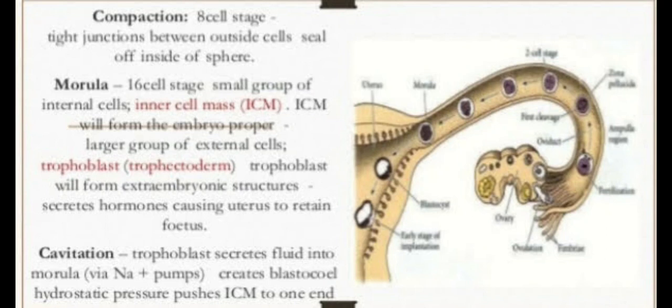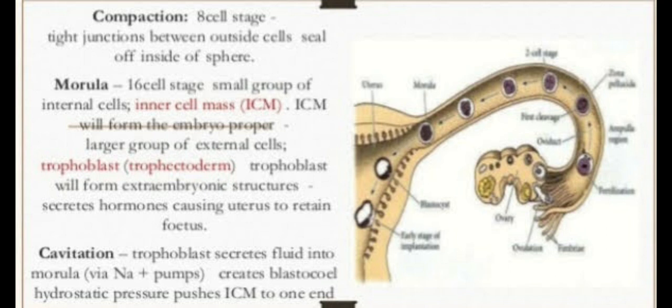And we all know that during early stage of development, one important hormone is secreted, which is detected during the pregnancy test, and that hormone is called the human chorionic hormone.